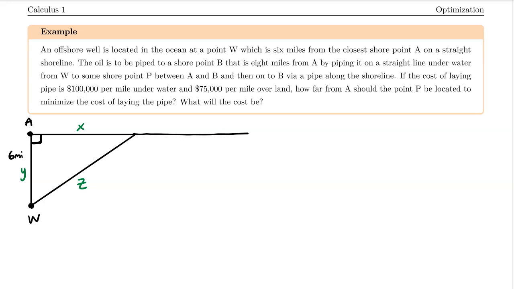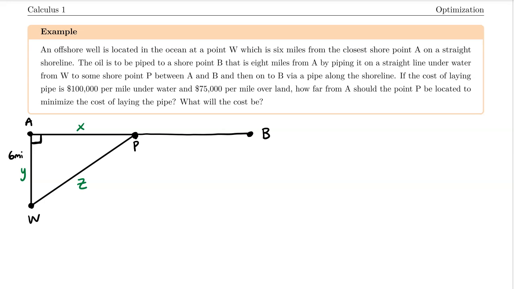And here's B. And then the point P is located somewhere between A and B. And we're trying to figure out where P needs to be so that we can minimize the cost.